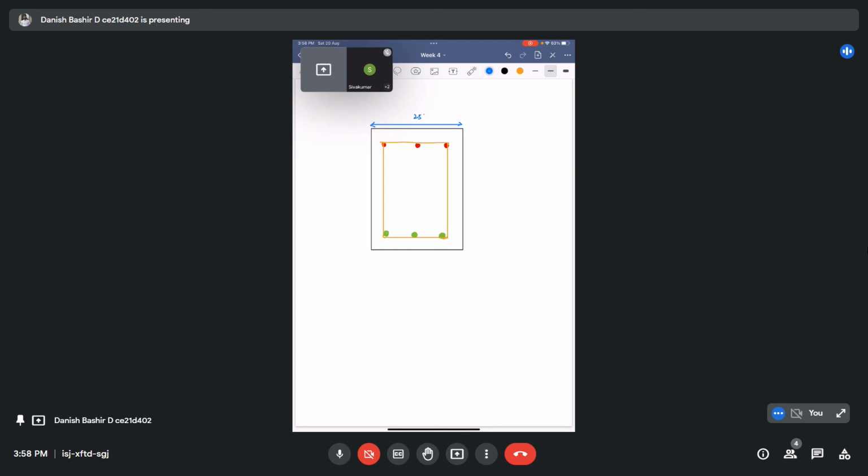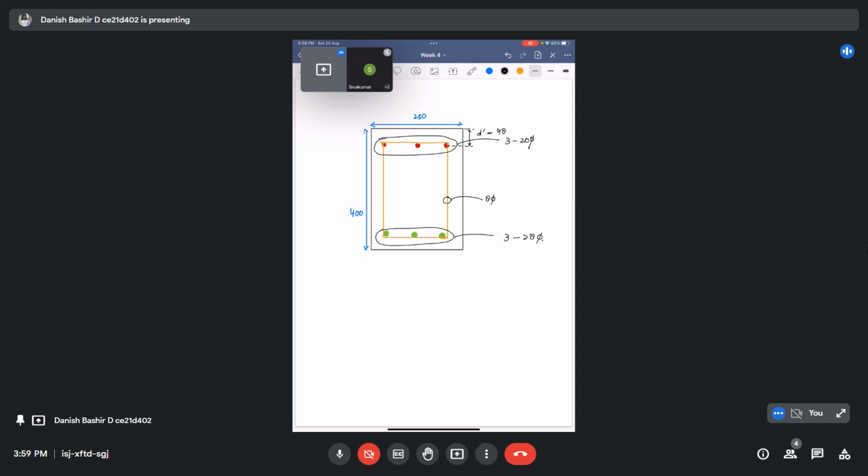And we can write all our details like this. Our section was given as 250 by 400 mm, and we provided 3 numbers of 25 here and 3 numbers of 28 here, and this is the stirrup of 8 mm diameter, and we provided D dash equal to 48.